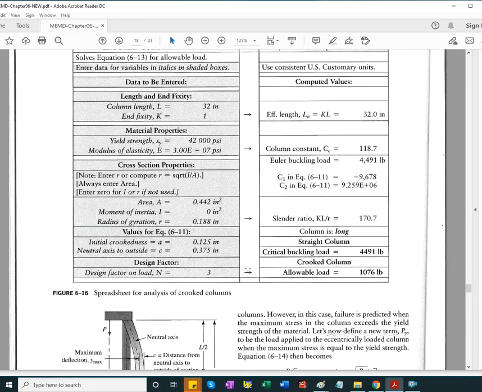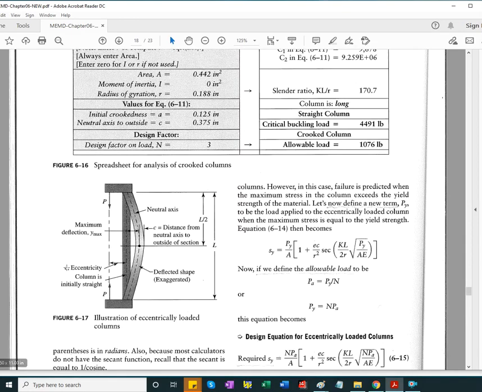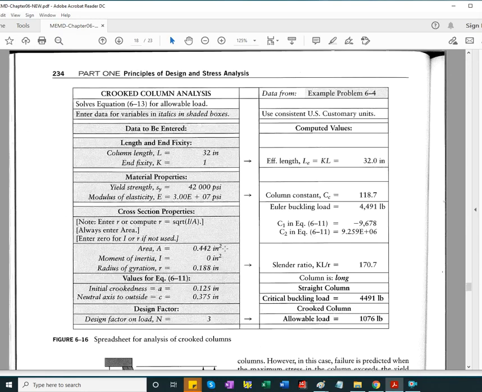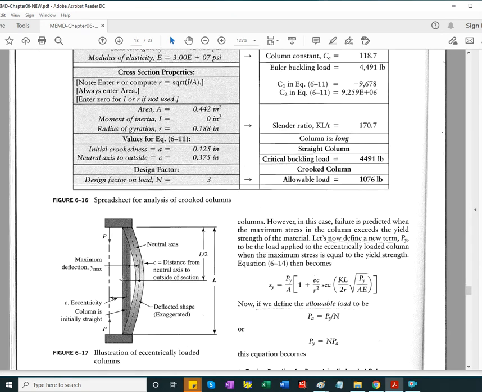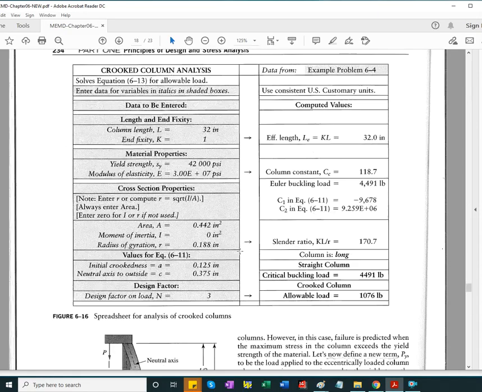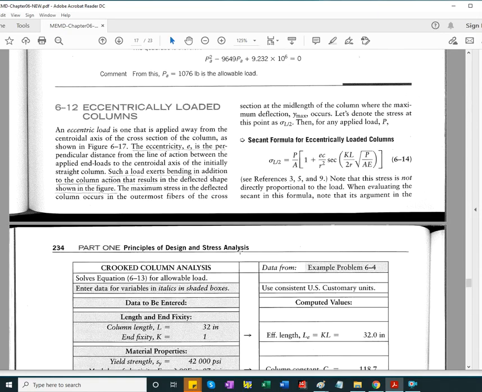So what else do we see? We see the eccentricity of the column, e. We see c, the distance from the neutral axis to the outside of the section, and it may or may not be the same to the left or transversely, depending on the cross section, of course.